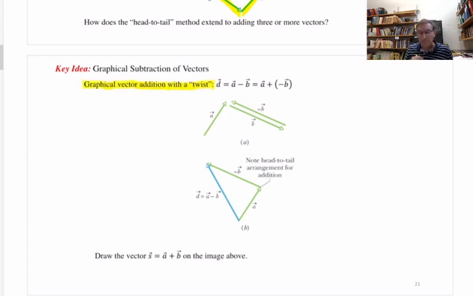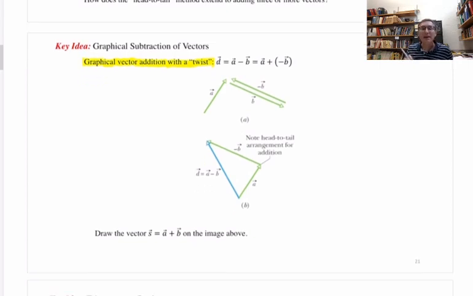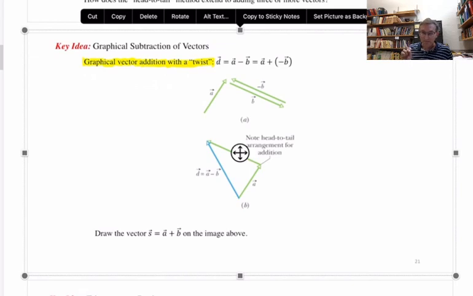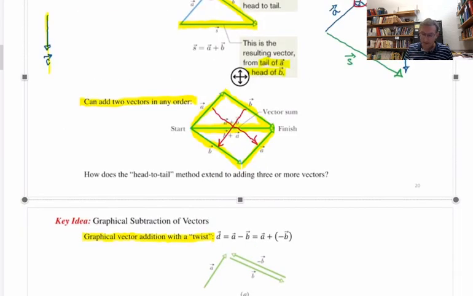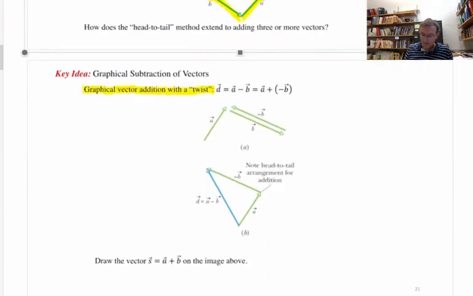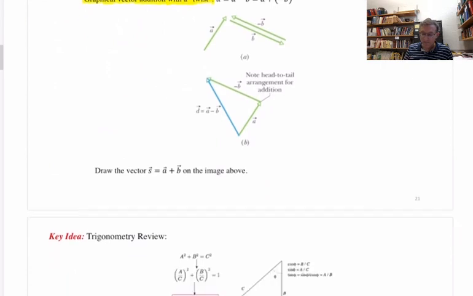Okay? All right, let's take those same two vectors, A and B, that we had on the previous slide, and let's now take A minus B. Let's do that.